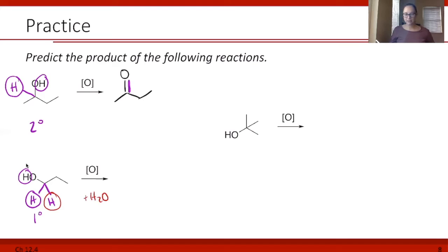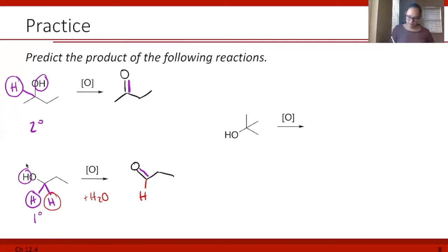We don't need to necessarily write that in order for this to fully go to a carboxylic acid, but I'm writing the water there just so that I remember what's going on. So I'm going to draw my carbon chain minus my hydrogens. My first oxidation gets me to an aldehyde. Let's go ahead and write that out. Gets me to an aldehyde.